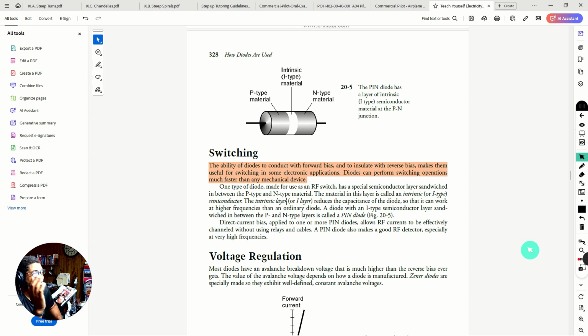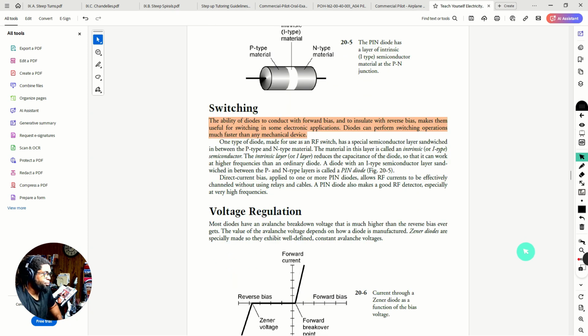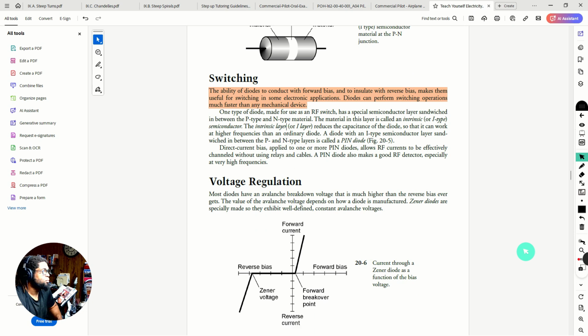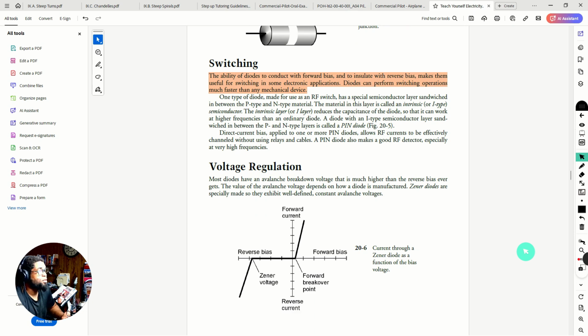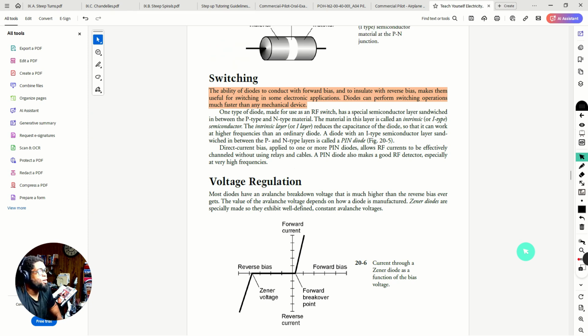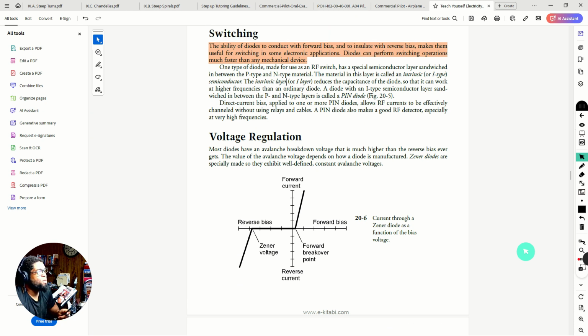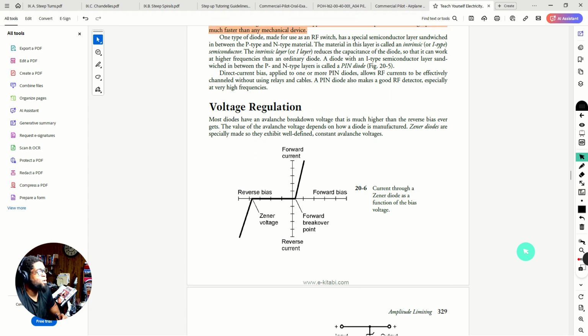Therefore, you can have things happening at gigahertz, millions of times a second, or hundreds of millions, it's just going up and up. So that's our switching. Again, I think switching will be more apparent when we talk more about transistors, but I just wanted to mention that.